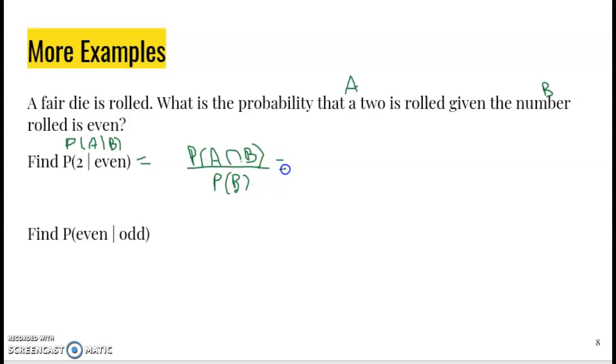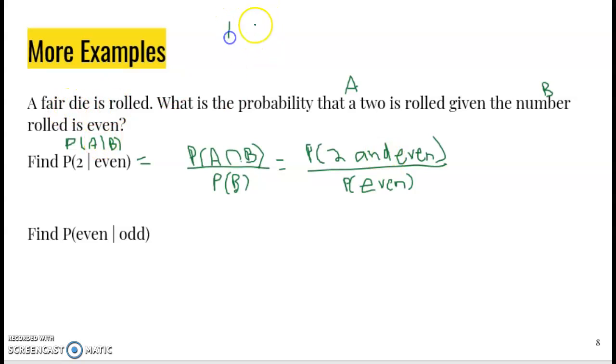Sometimes it's helpful to make symbols, sometimes it's better to leave it in words. So the probability in words of it being 2 and even, divided by the probability of it being even. Let's look at what those probabilities would be. If we're only rolling one fair die, then our sample space is 1, 2, 3, 4, 5, and 6.